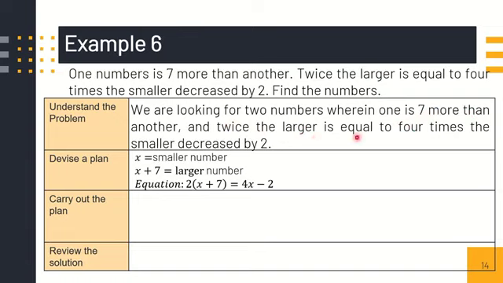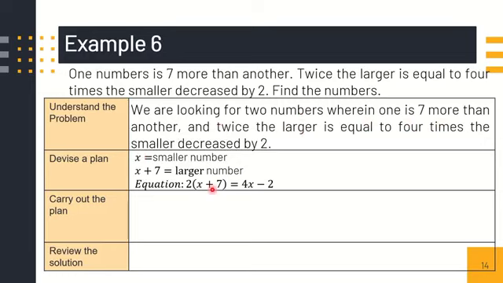The larger is equal. Okay, again ha, bakit naging ganito yung equation natin? We represent x plus 7 as the larger number kasi sabi one number is 7 more than another. Okay, so ito yung x plus 7. And the smaller number is represented as x. Ang sabi dito, 7 more than another and twice the larger.